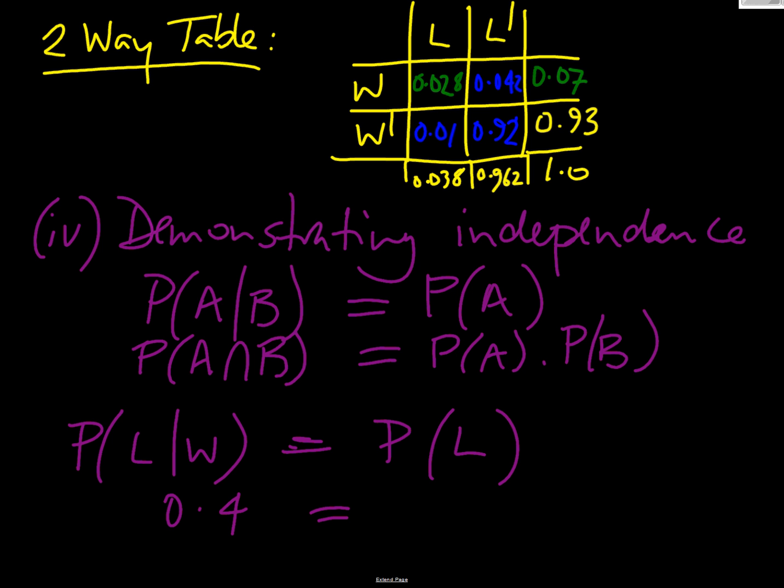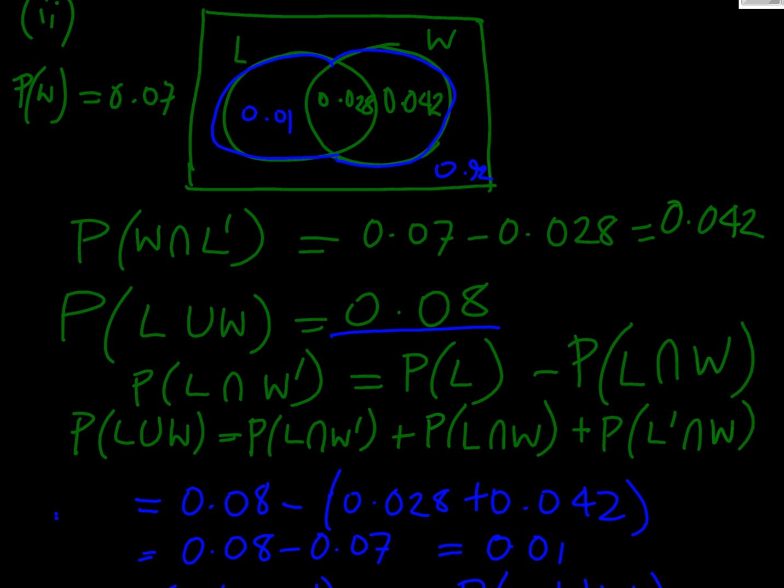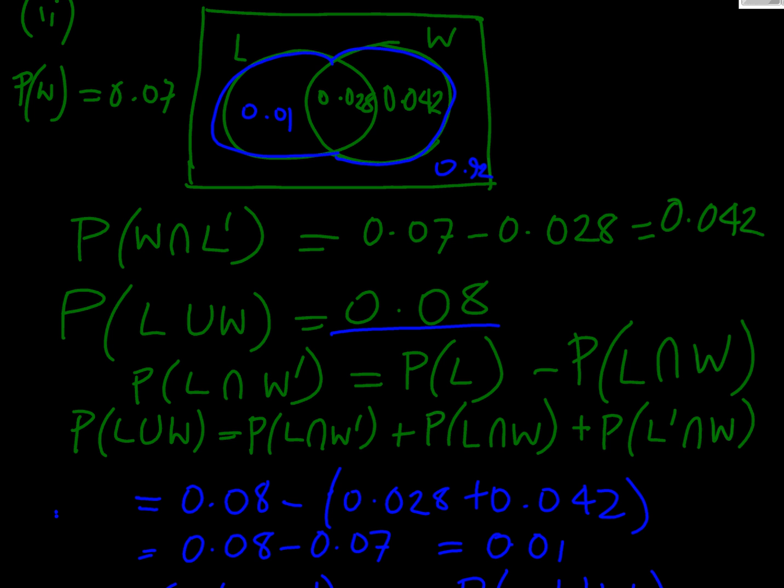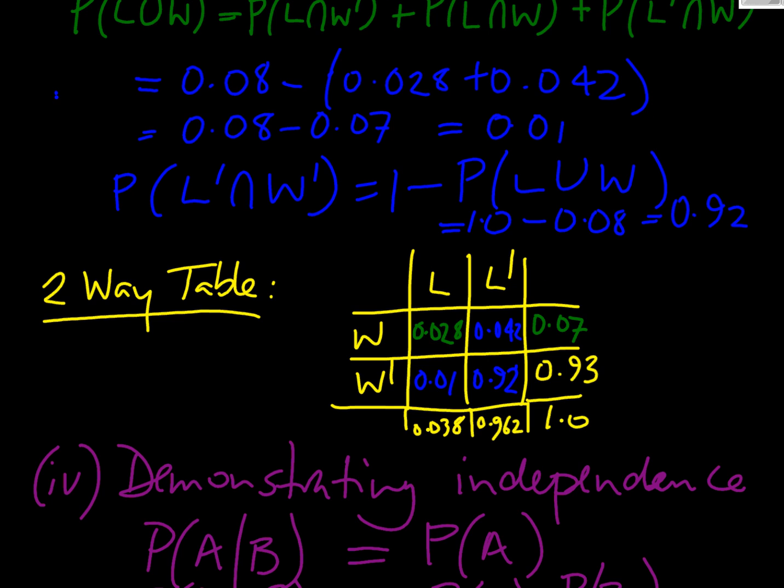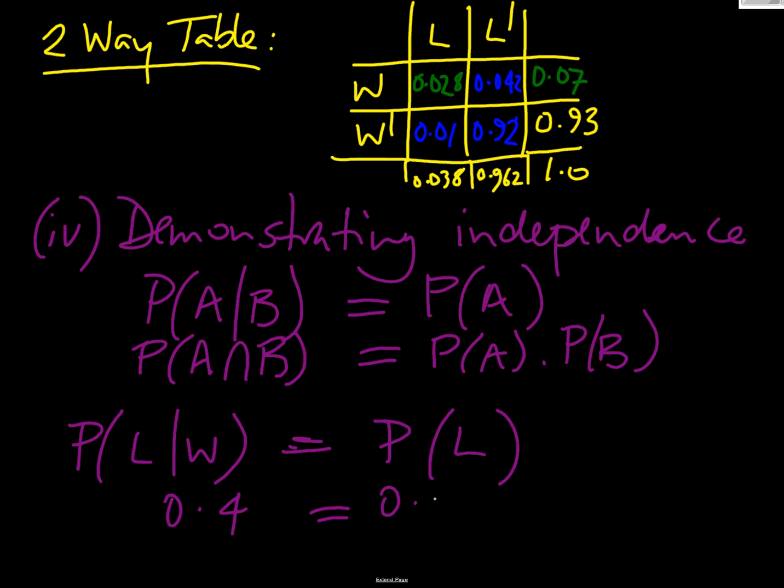Well, the probability of L, which we could calculate from our Venn diagram, would be this area here. So let's draw around it. That's our probability of L. So that's 0.01 plus 0.028, so that side would equal 0.038.